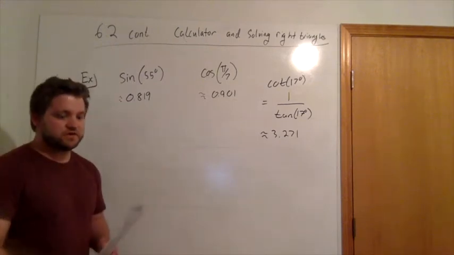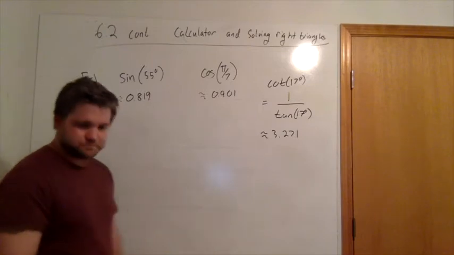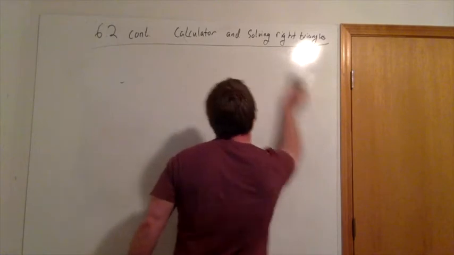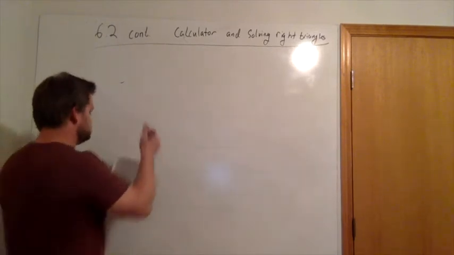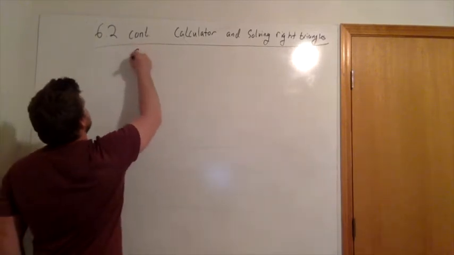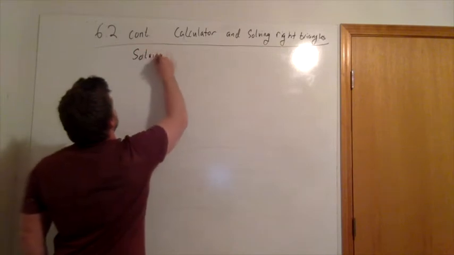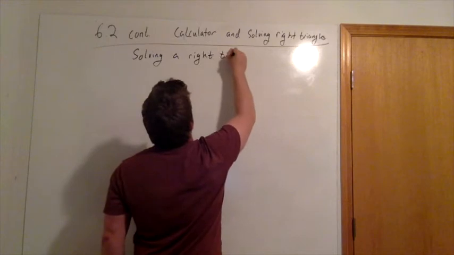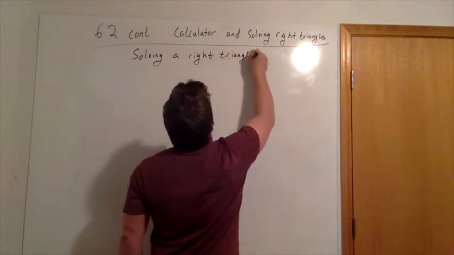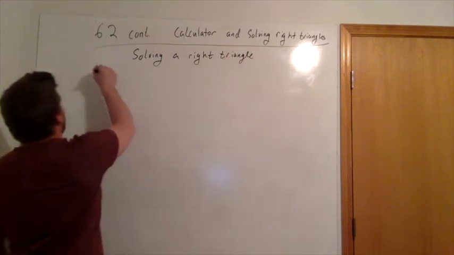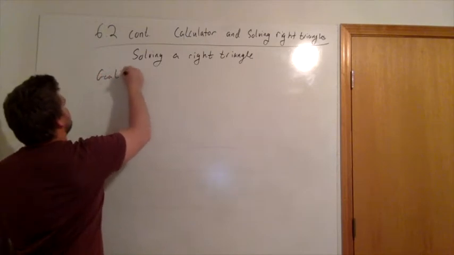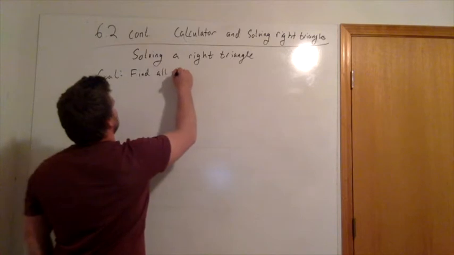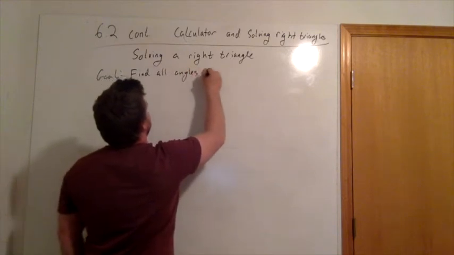So let's go ahead and do an example of solving a right triangle. When solving a right triangle, the goal is to find all angles and all sides.